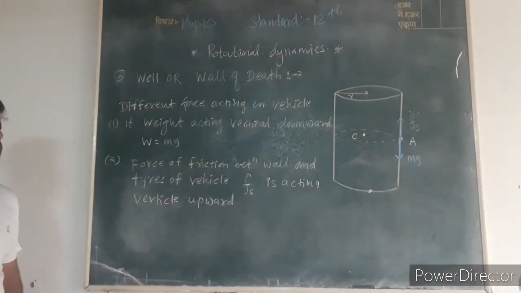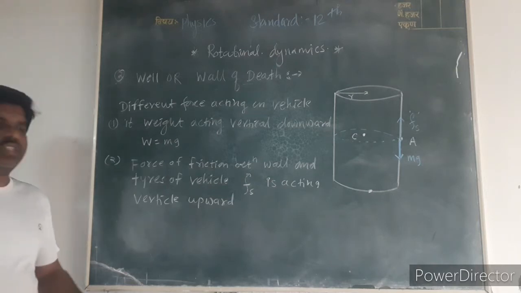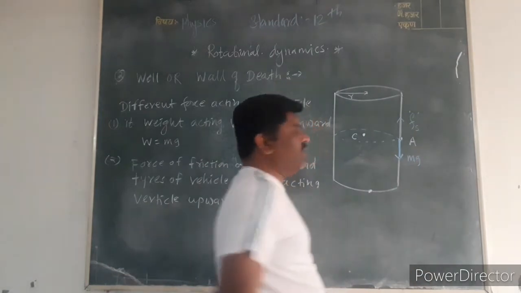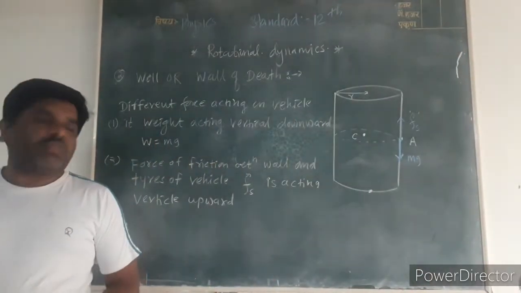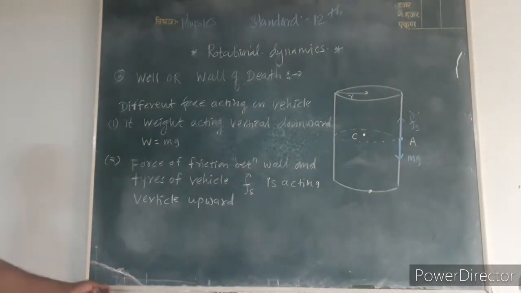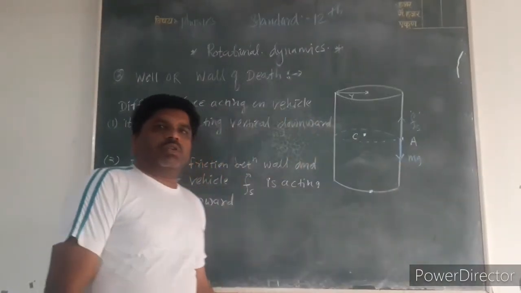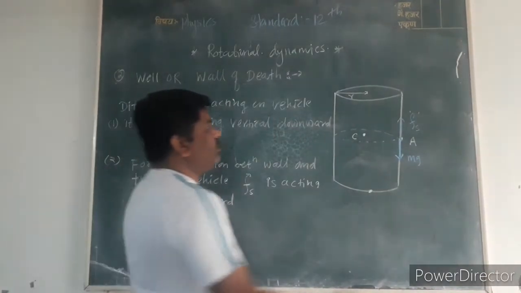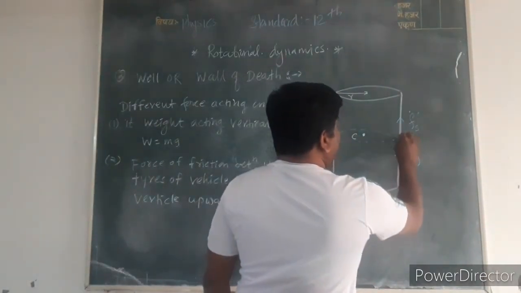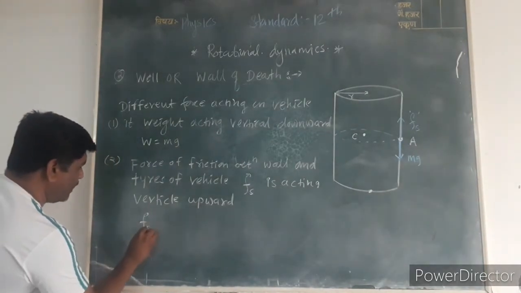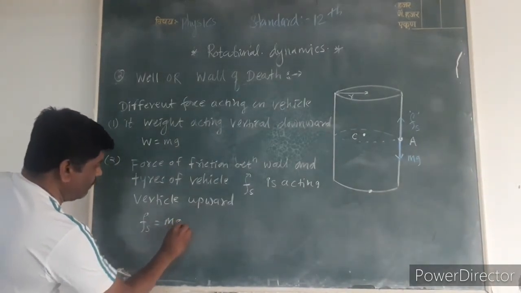Fs is the force of friction between the inner side of this wall and the tire of the vehicle, and this force acts vertically upward. In this case the role of that force of friction is to balance the weight of the vehicle. Hence we can write Fs is equal to mg.